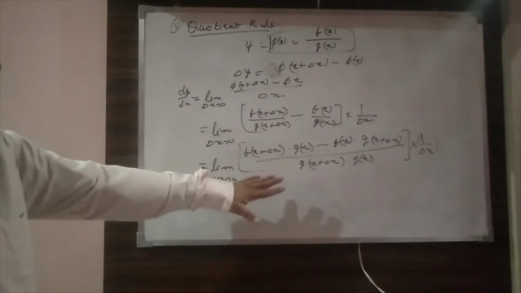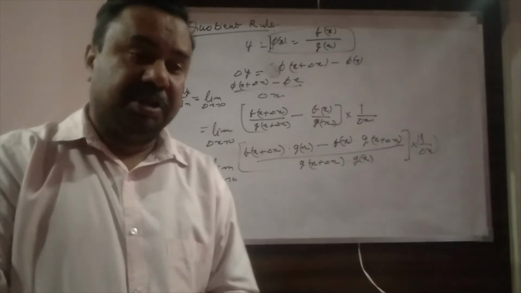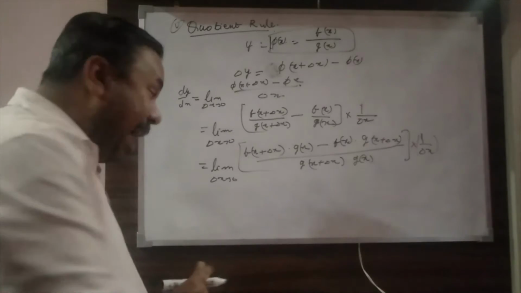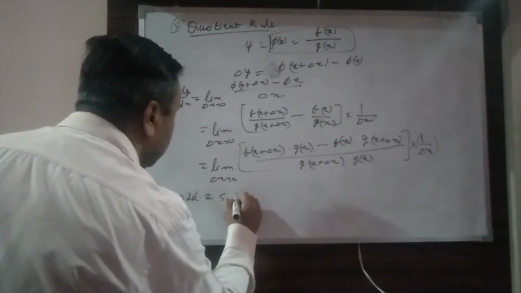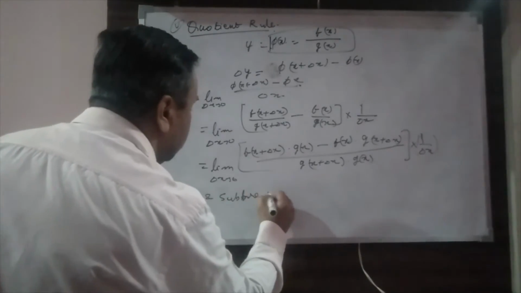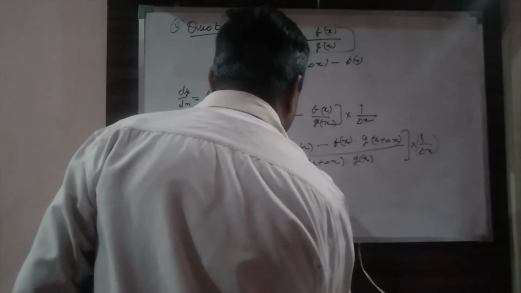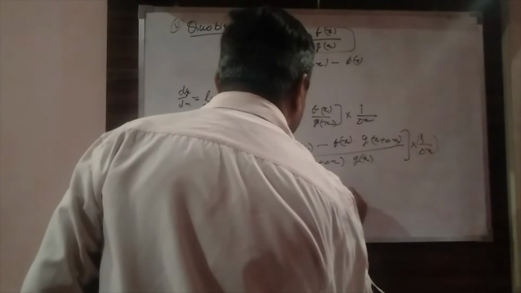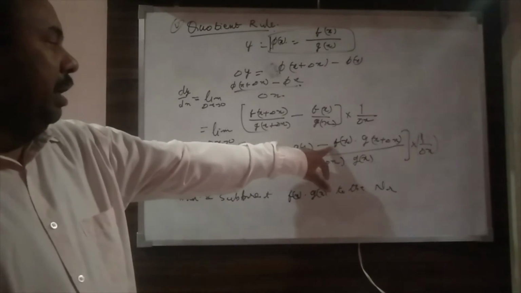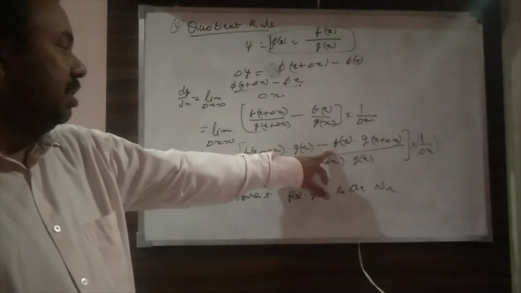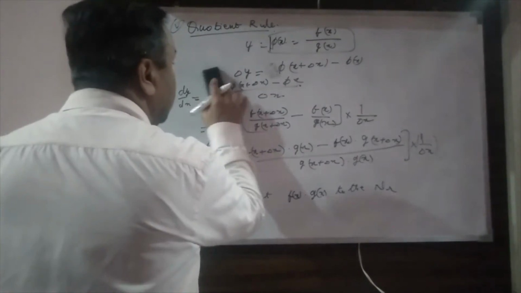Till now I don't think there is a problem. Now for that purpose I will be adding and subtracting f(x) into g(x) on the numerator. I will write f(x) into g(x), add and subtract both things.